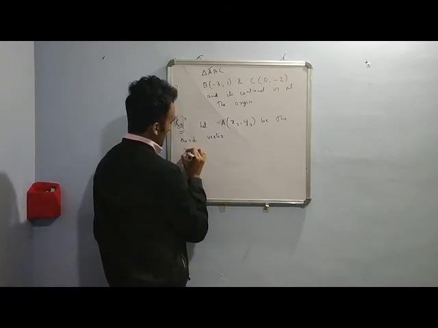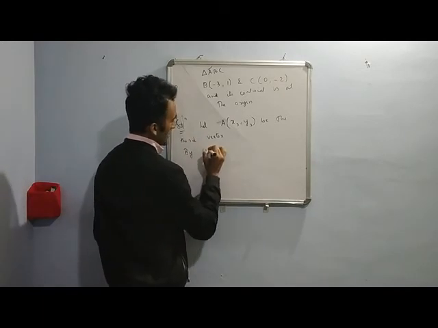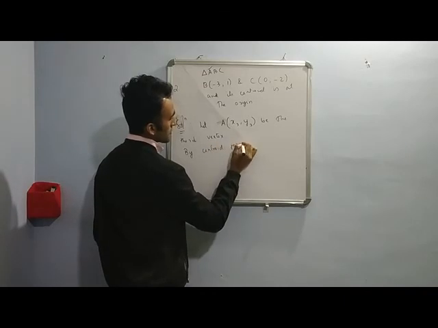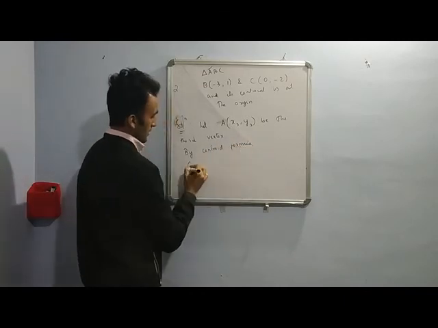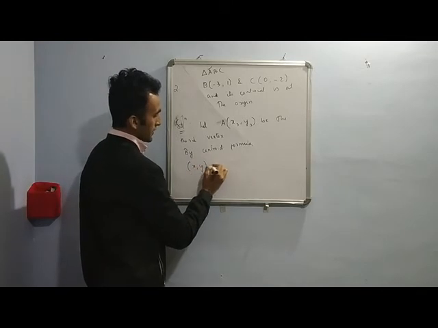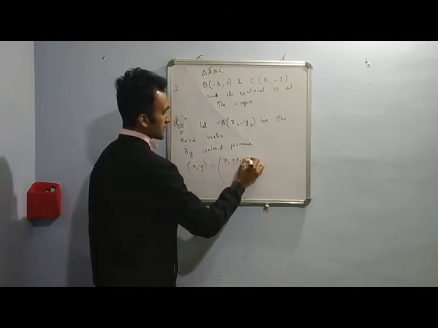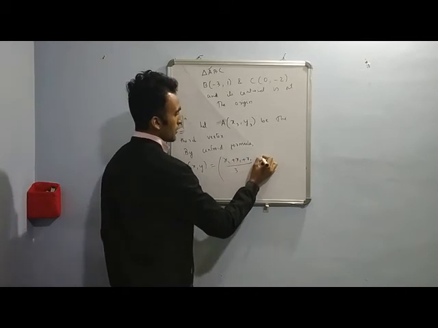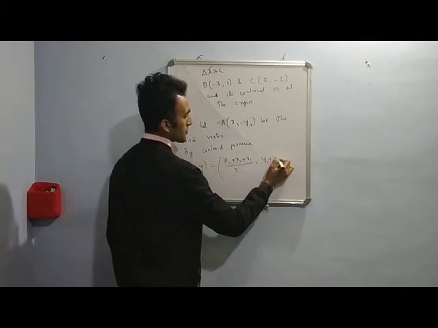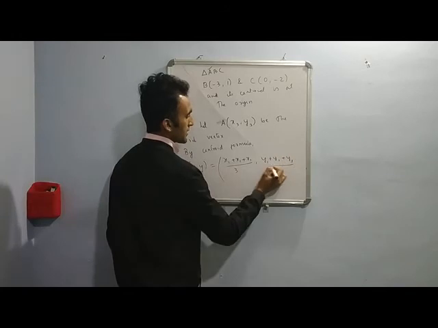Now by centroid formula, x comma y is equal to x1 plus x2 plus x3 divided by 3 comma y1 plus y2 plus y3 divided by 3.